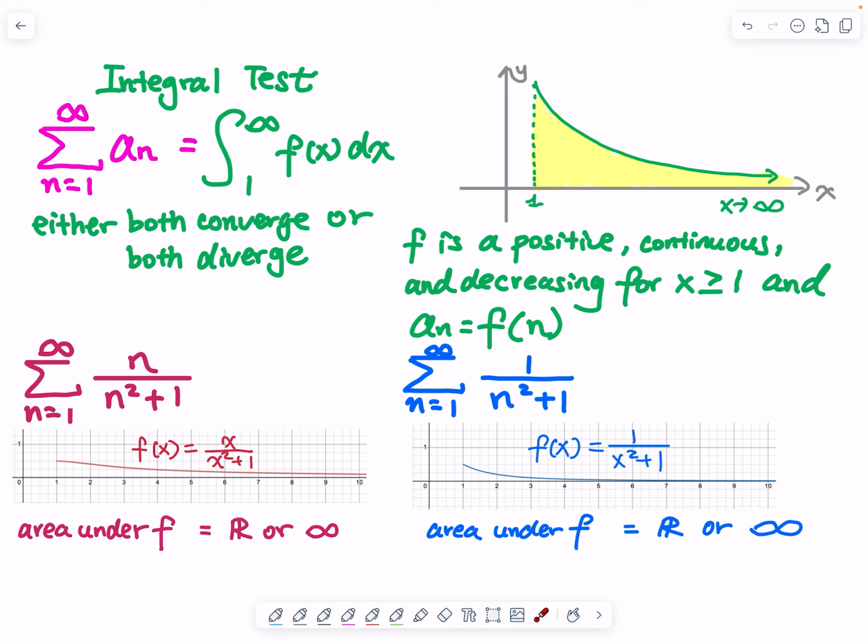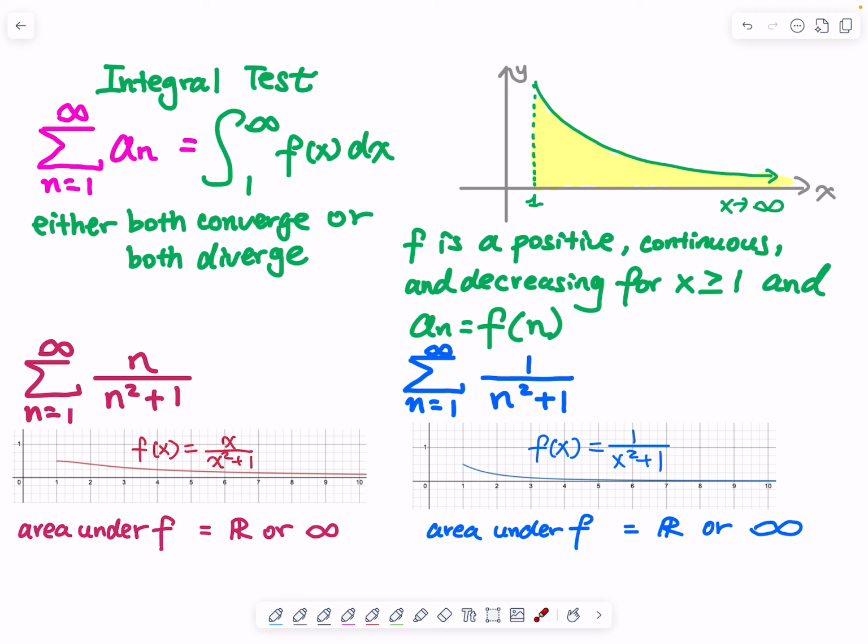But why do we let the series equal the integral? Before you studied definite integrals, do you still remember that you studied how to use rectangles? You draw rectangles under the curve to approximate the area.